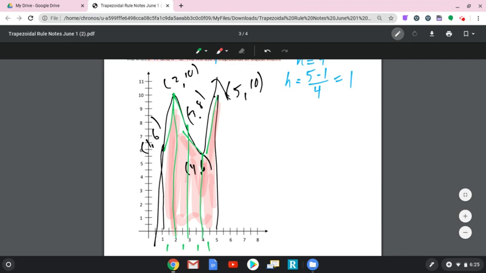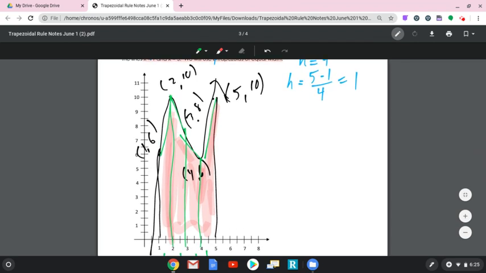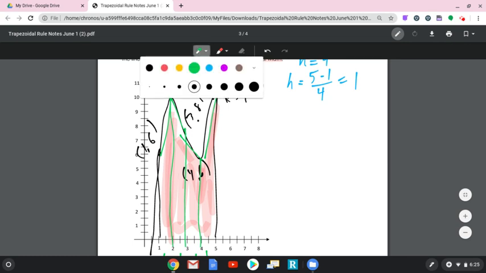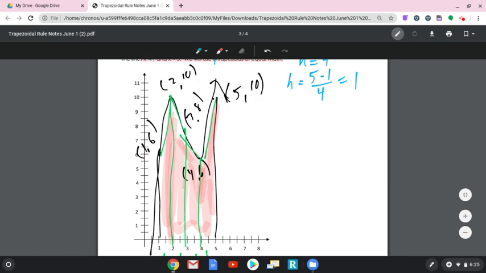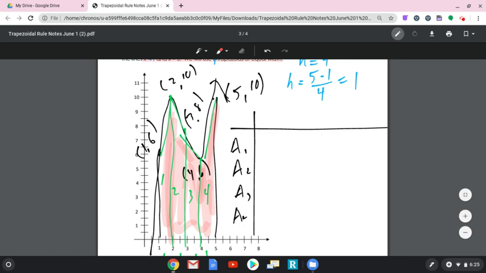Now let's construct a table for the areas. I have how many trapezoids in this case? I have 1, 2, 3, 4. So I'm looking at 4 areas: area 1, area 2, area 3, and area 4.